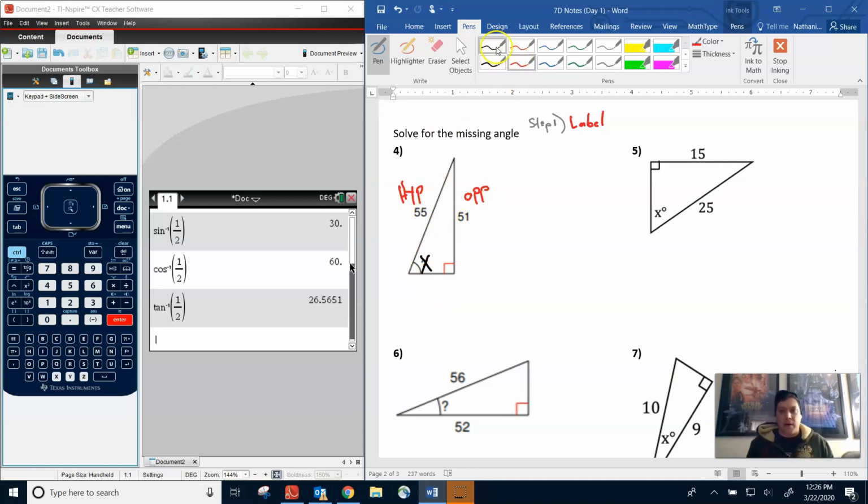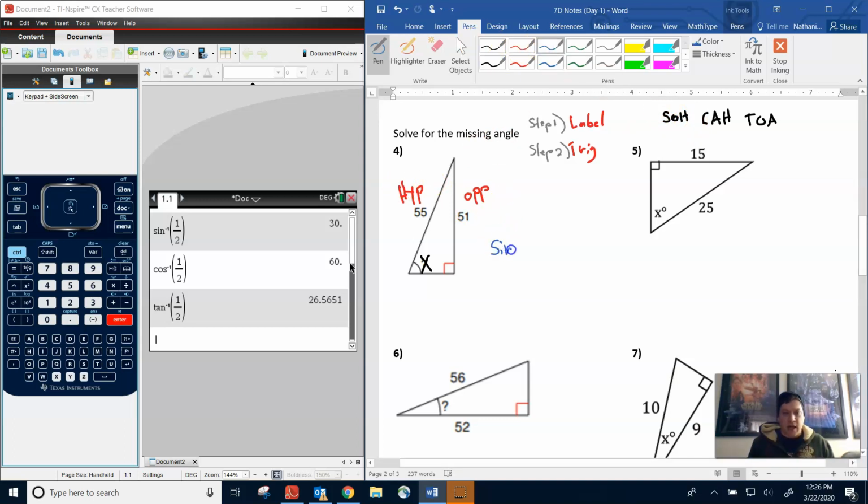So the second part, step 2, would be to find what trig function you're using. Step 2, use trigonometry. Well, which one uses opposite and hypotenuse? If you forget, you can always write out SOHCAHTOA, right? So you're looking for the one with an O and an H. O and H would be sine. So this would be a sine function.